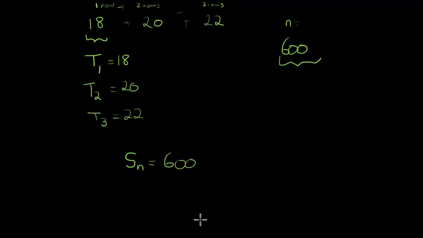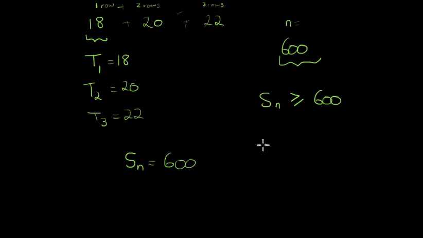We don't just see 600 and say, oh, that must be Tn. We must try and reason it out. You see how thinking came into play here? An important thing is you lost the mark if you didn't see that Sn must be greater or equal to 600, not equal to 600, because it says at least.